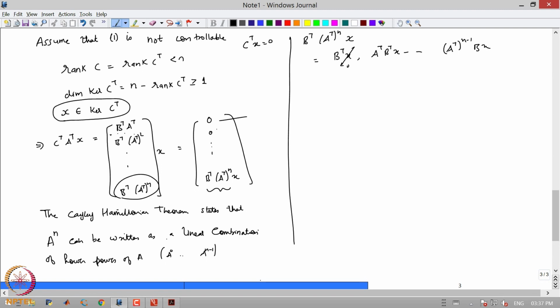In the same way as all these terms here go to 0. Okay. And therefore, what do I have now is C transpose A transpose x is the 0 vector.